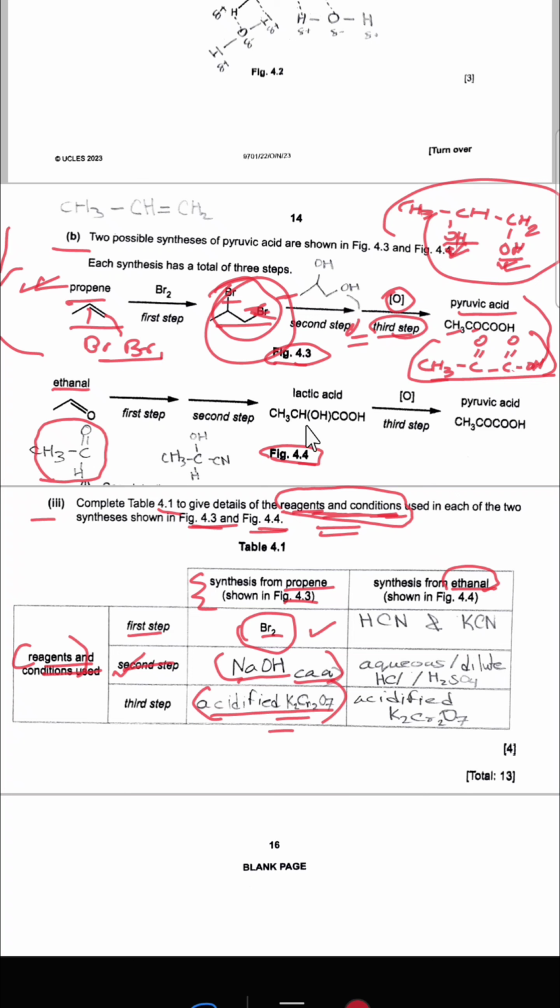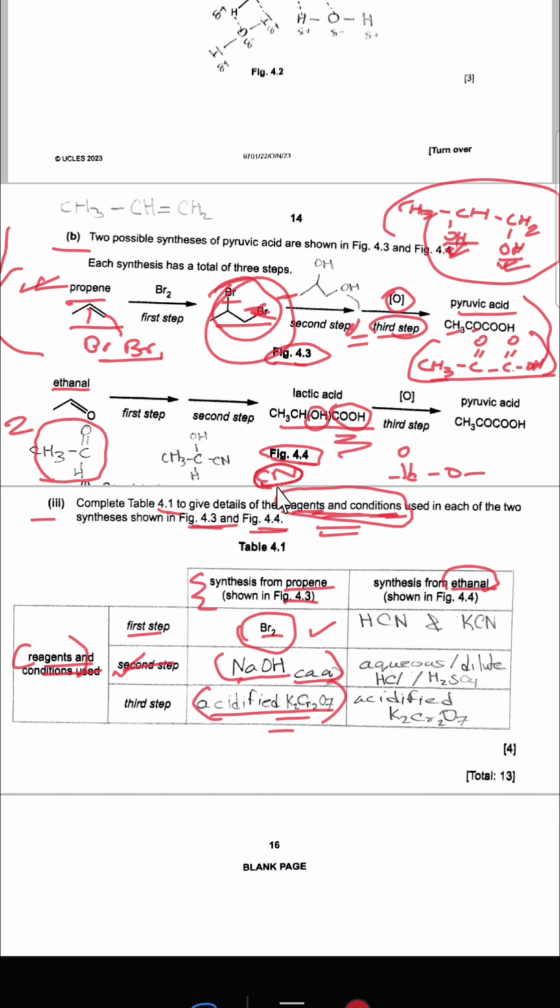Then in the second step, lactic acid is formed, and lactic acid contains a COOH group and an OH group. As we can see, lactic acid contains 3 carbons, while initially ethanal contains 2 carbons. That means one extra carbon is added, and this cannot be an esterification reaction because there is no COO group. Since carbon is added, this must be a CN group.